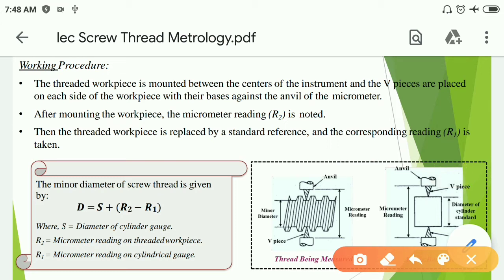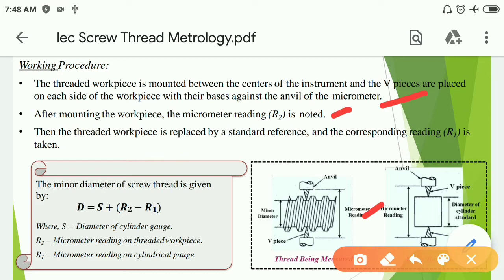The threaded workpiece is mounted between the centers of the instrument, and the V pieces are placed on each side of the workpiece with base against the anvil of the micrometer. After mounting the workpiece, the reading R2 is noted as shown in the figure.